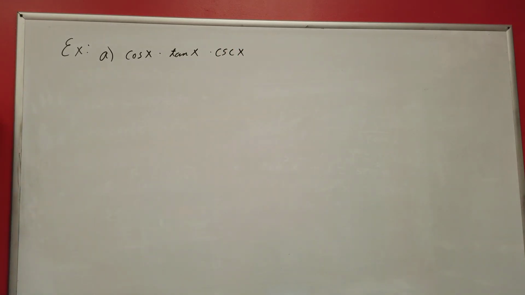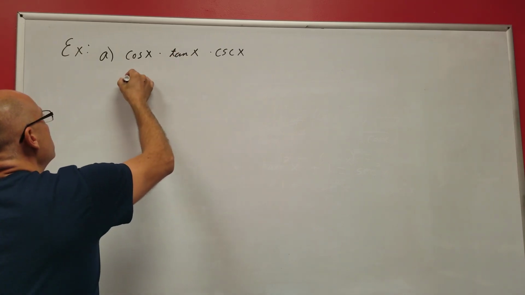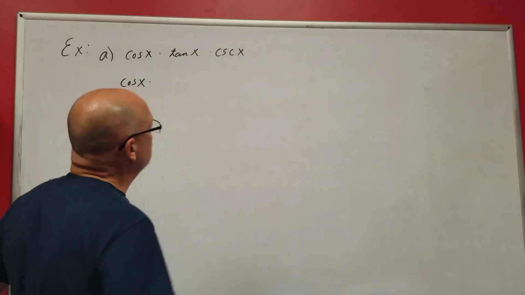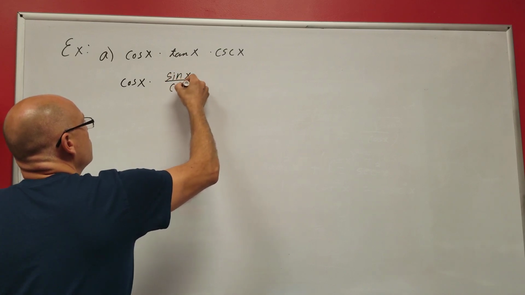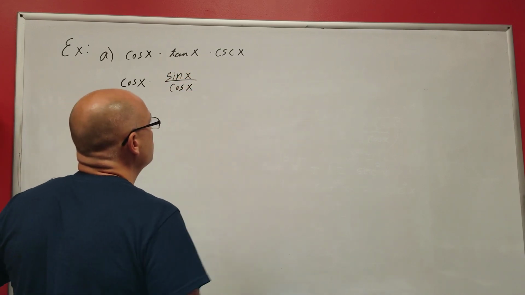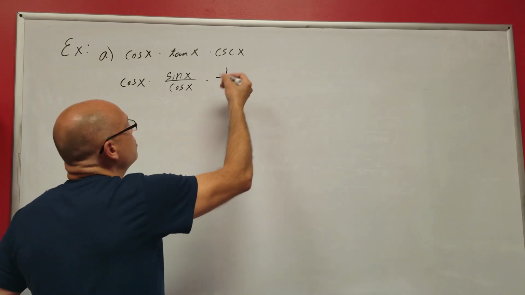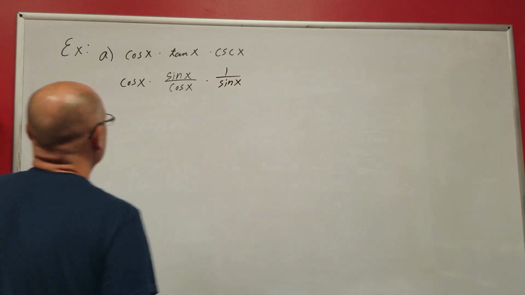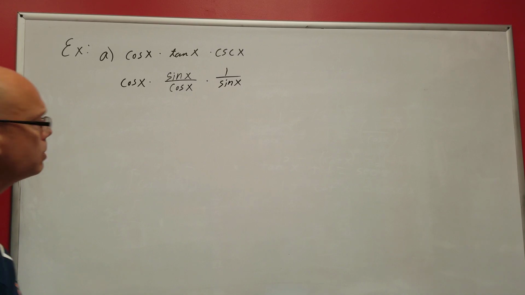All right, so what does it tell me to do? Simplify. Let's write this in a simpler form. So I'm going to have cosine of x right here. Now tangent, let me convert that to sine of x over cosine of x. And cosecant, let me rewrite that as the reciprocal, 1 over sine of x. Now the reason why I did all that is because I looked ahead.